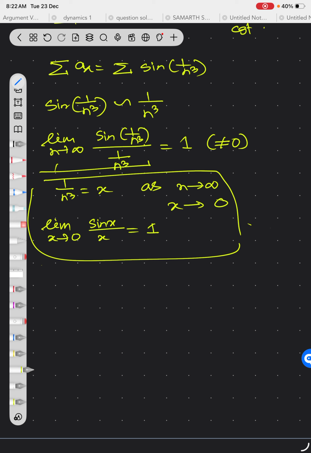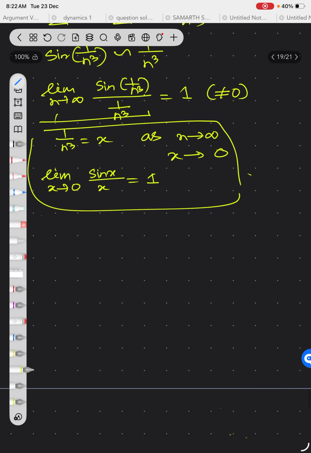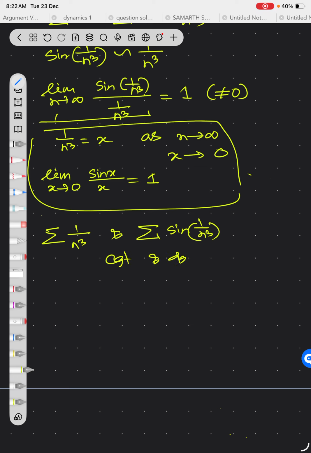And since we are getting 1, which is non-zero, by using the limit comparison test, what can we conclude? The series sine 1 by n cube and the series 1 by n cube converge and diverge together.